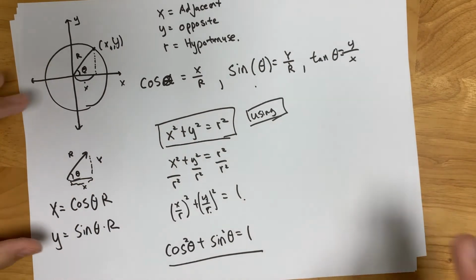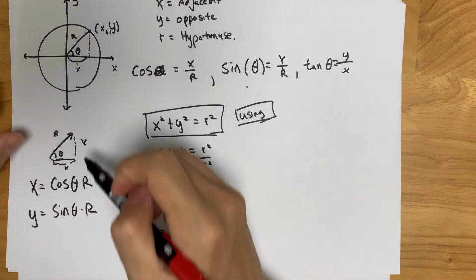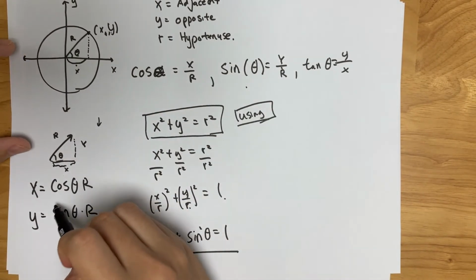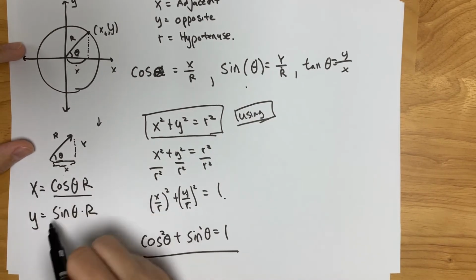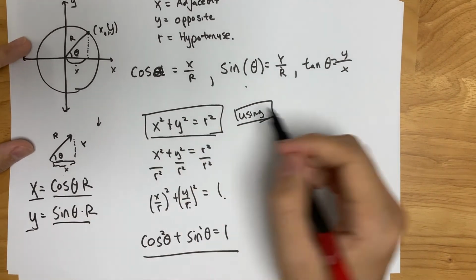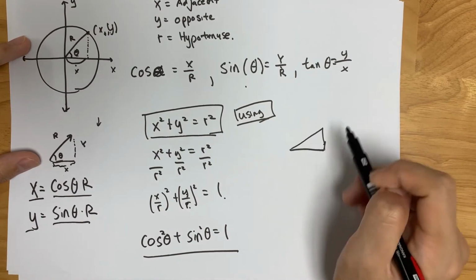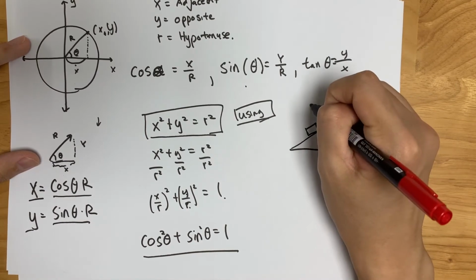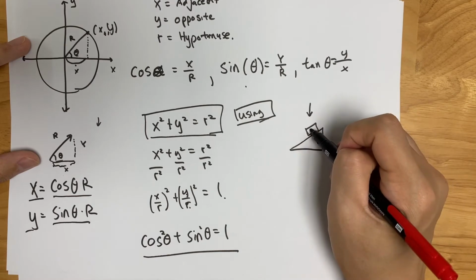This will be used a lot because, for example, gravity is only active in the y direction, but it does not affect the x direction. And because of those facts, you really have to memorize these equations. For example, if you have a triangle in a box, and the gravity is acting this way, right?